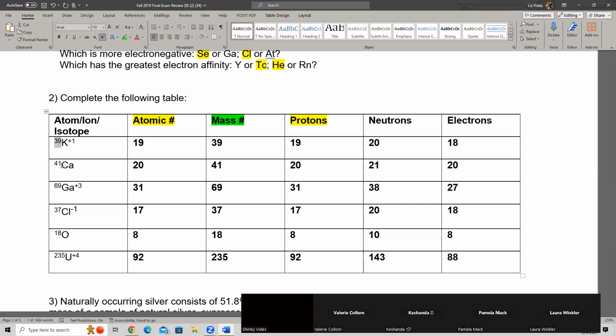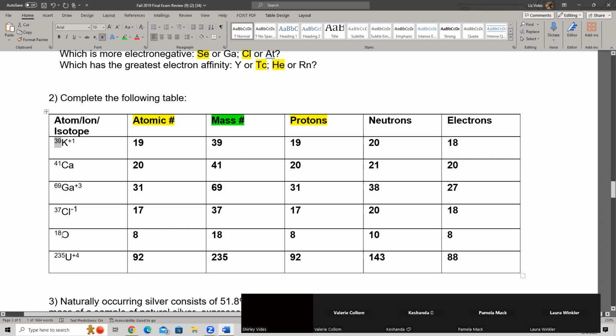Gallium normally is 70, so 69 would be an isotope. Chlorine normally is 35.45, so it's 35, so that would be an isotope also. So with oxygen and uranium, uranium is normally 238, so uranium-235 is also an isotope. And that's how you know.